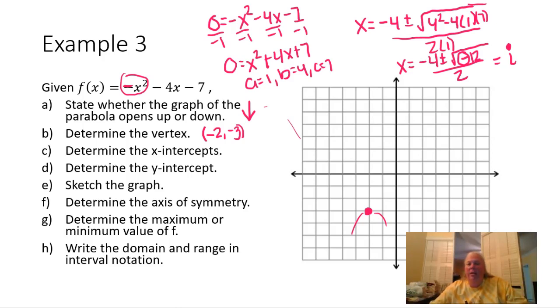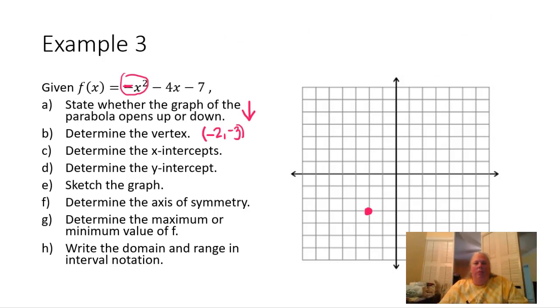Alright, let's go on to part D and get the y-intercept. To get the y-intercept, we want to put 0 in for x, and then we're going to solve this for y. So we're going to have the opposite of 0 squared minus 4 times 0 minus 7. Well, this we know is just going to cancel out. It's going to be 0. This we know is going to cancel out.